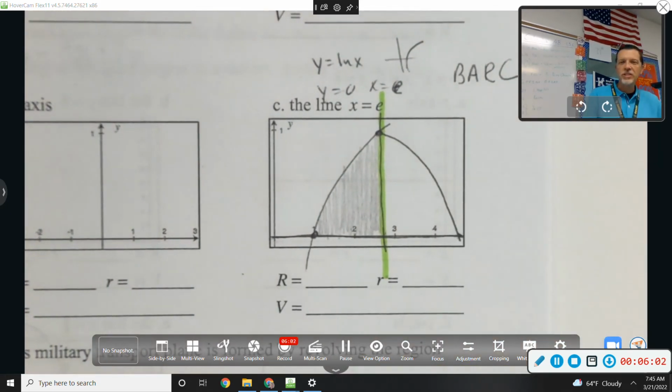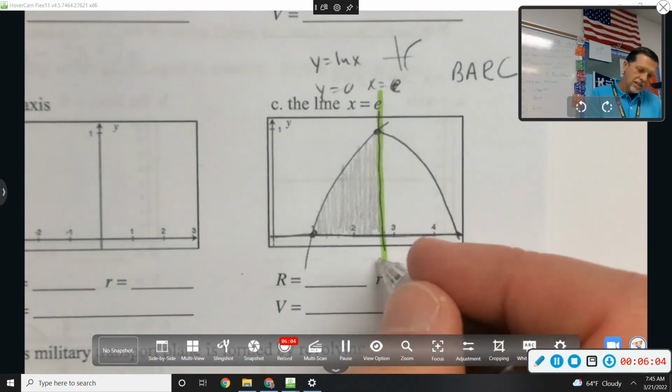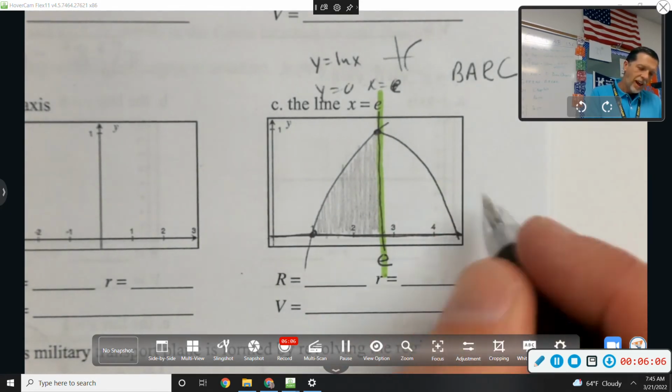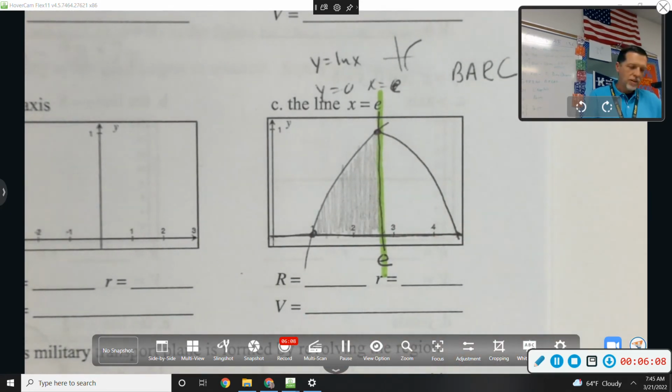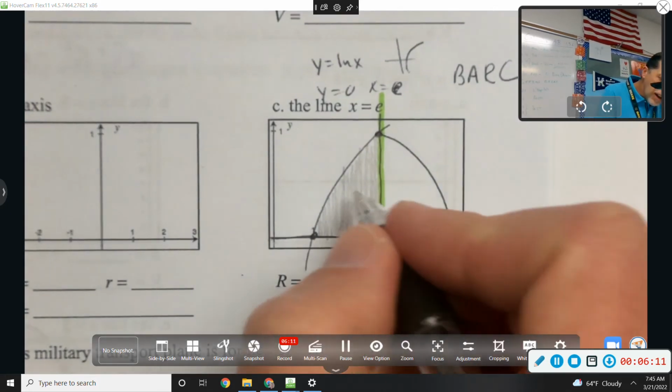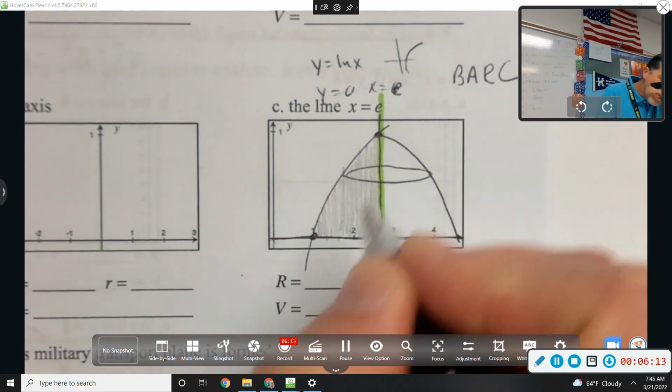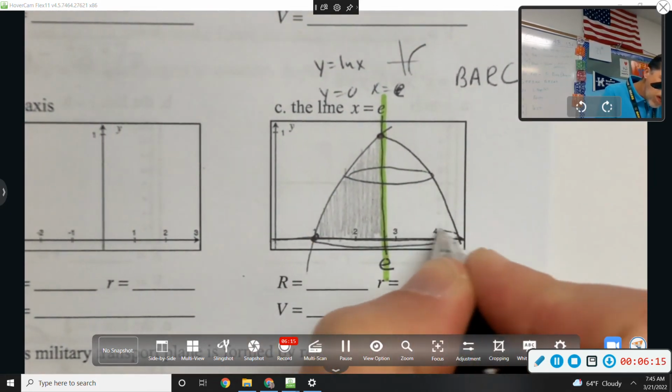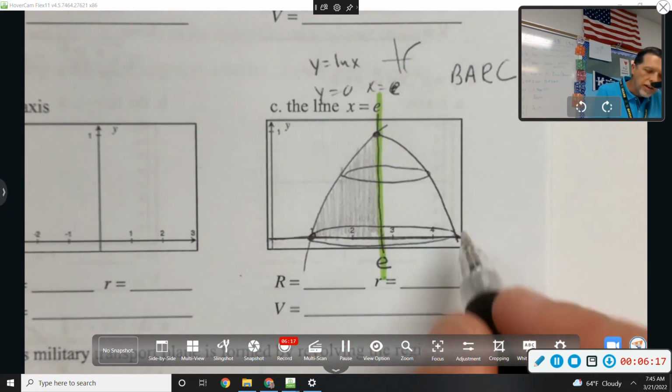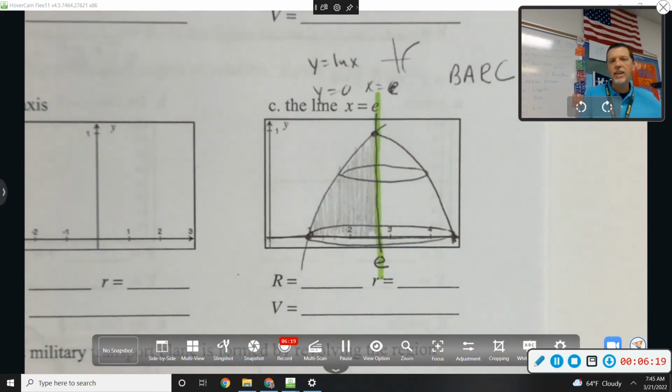Very eyeballish. That's E. I don't know. I'm just going to eyeball it because I don't think it's going to matter. And then circles. If I need to figure out where it hits, I can do that later, but I don't think I'm going to need it.